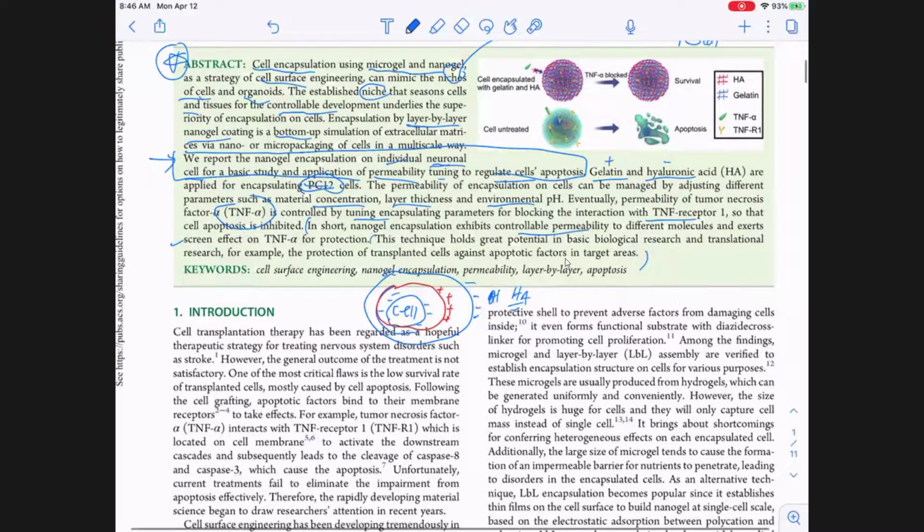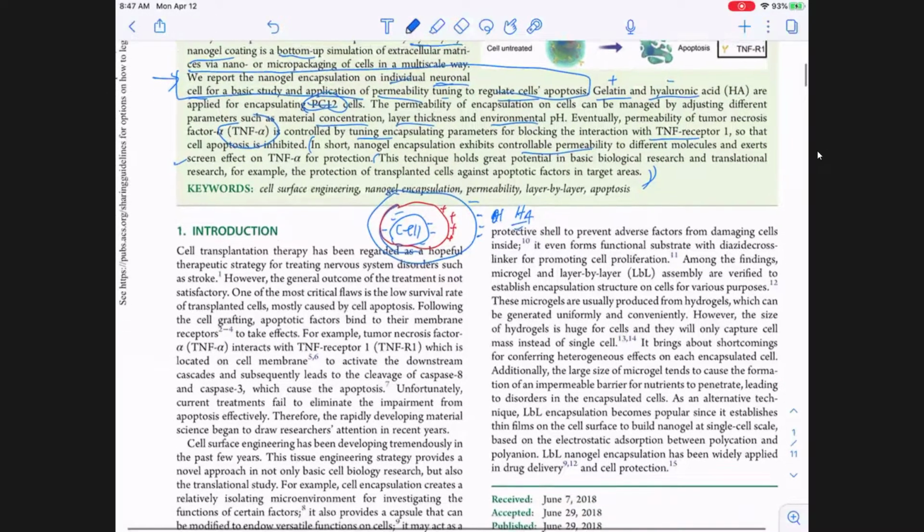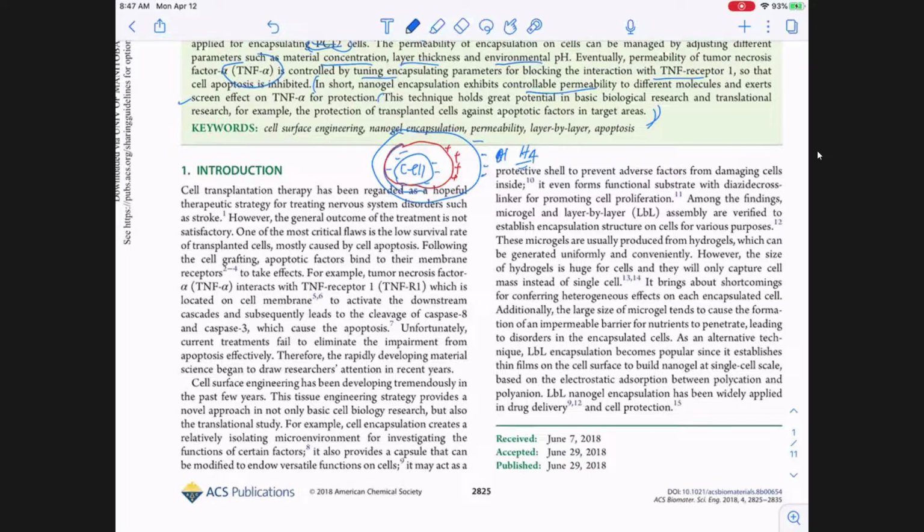And the significance: this technique holds great potential for stem cell or neuronal cell implantation. So this is the introduction. We already have, in your proposal, pretty good background information.